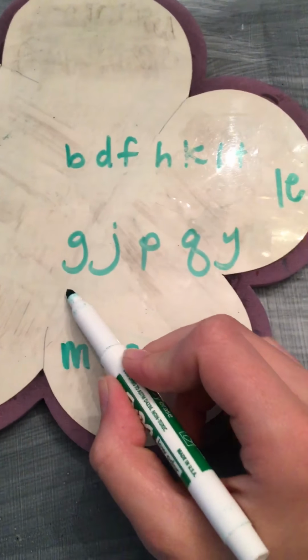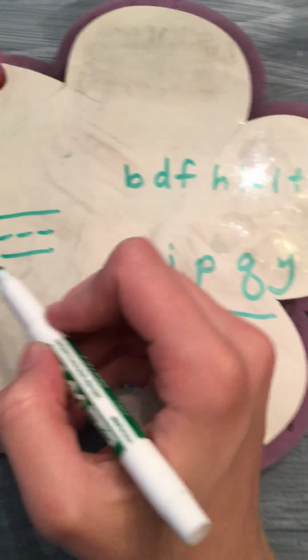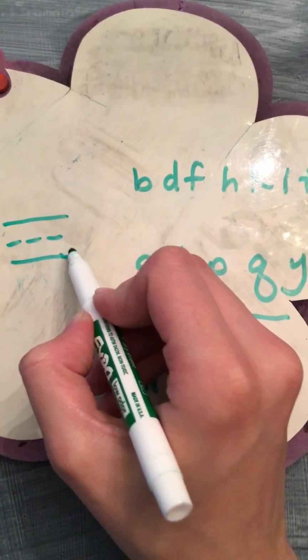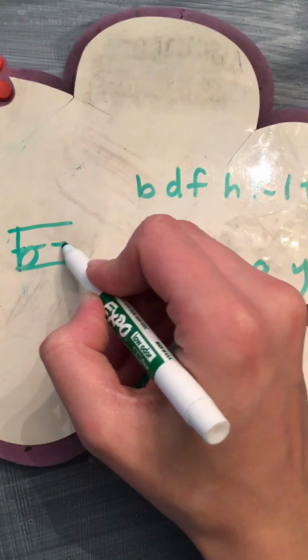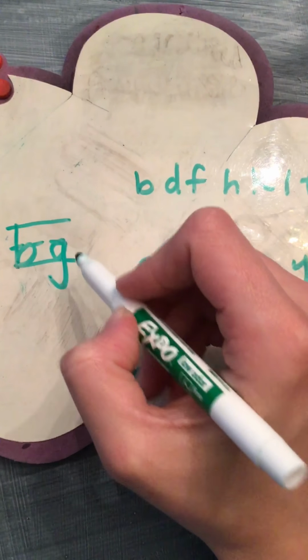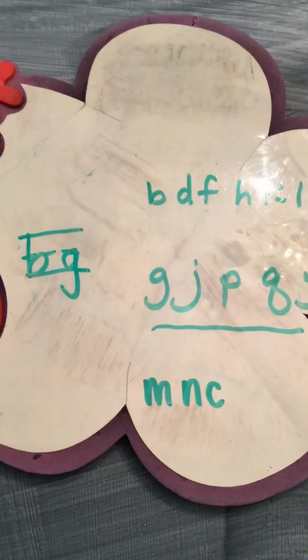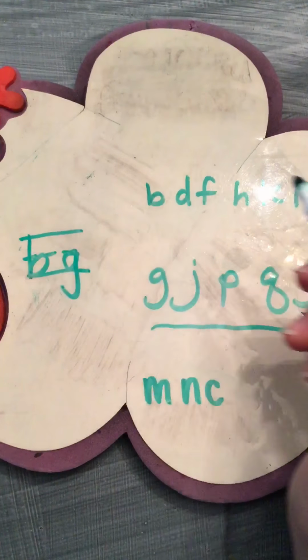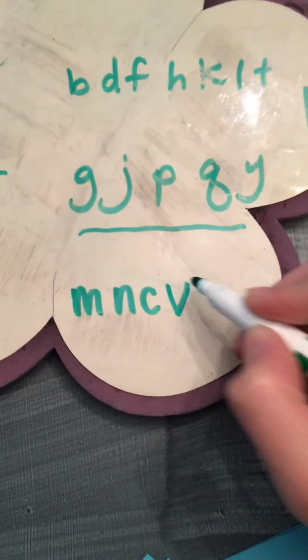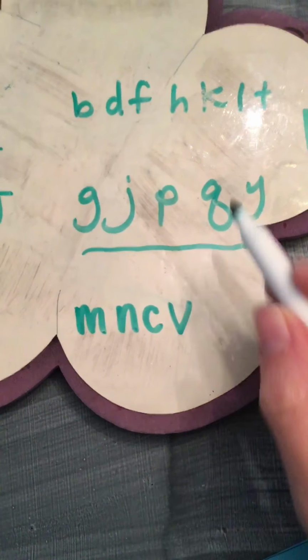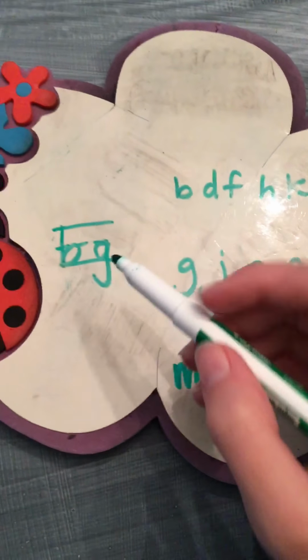Meanwhile, we have these letters that have tails. They drop below the line, right? So B is going to go above that dotted line, and G is going to go below that bottom line. And so these are tails and sticks. We also have letters like M, C, N, V that are not either of those. They just fit right in between.